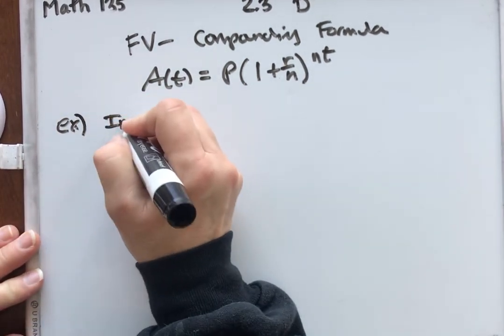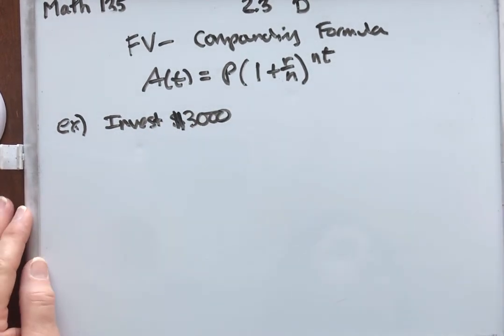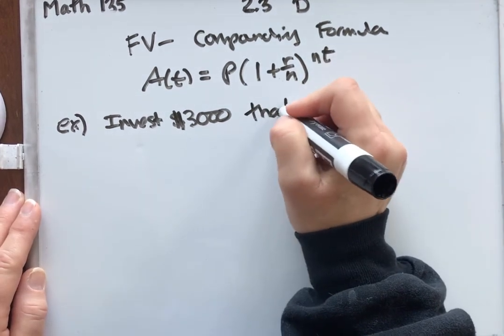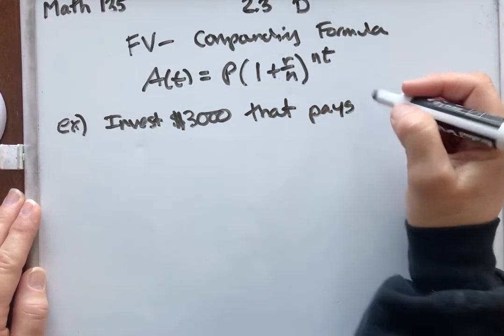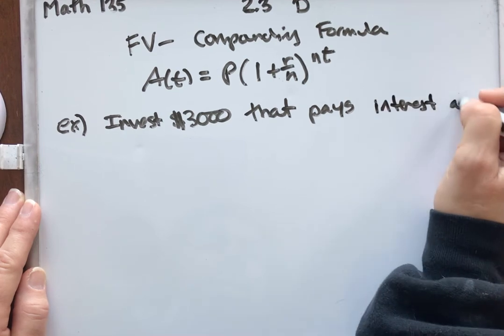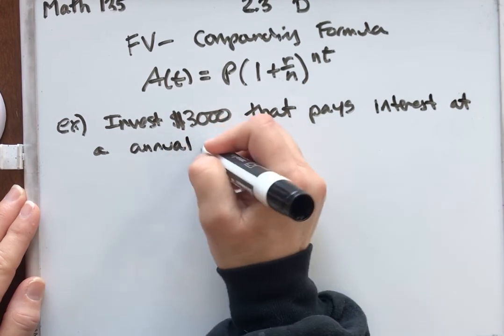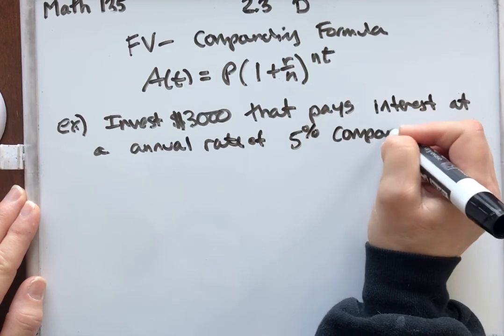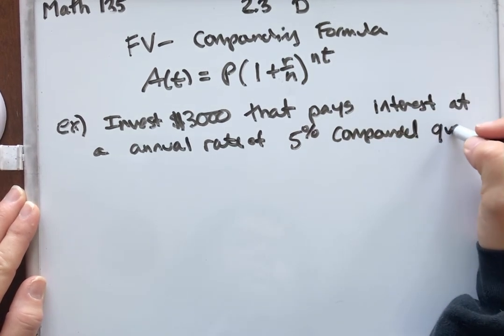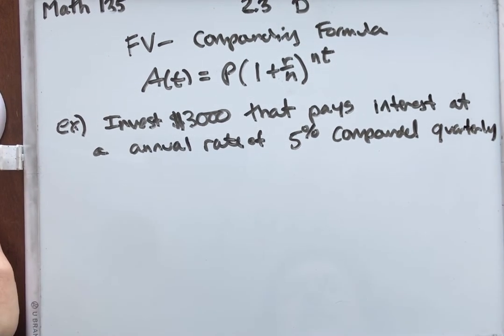So we're going to invest $3,000 that pays interest at an annual rate of 5% compounded quarterly. I'll reread that. Invest $3,000 that pays interest at an annual rate of 5% compounded quarterly.